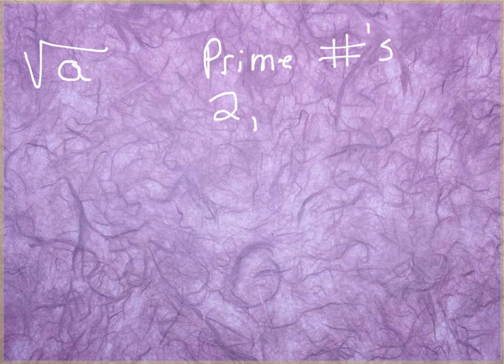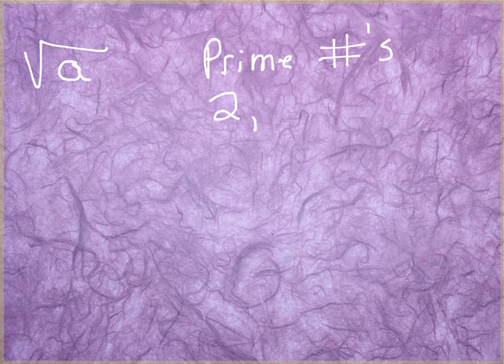It's the only even prime number that we have. All the other prime numbers are odd, because if you think about 4, 4 is divisible by 2. If you have a number that is divisible by a prime, it's called composite. We just want to deal with prime numbers.